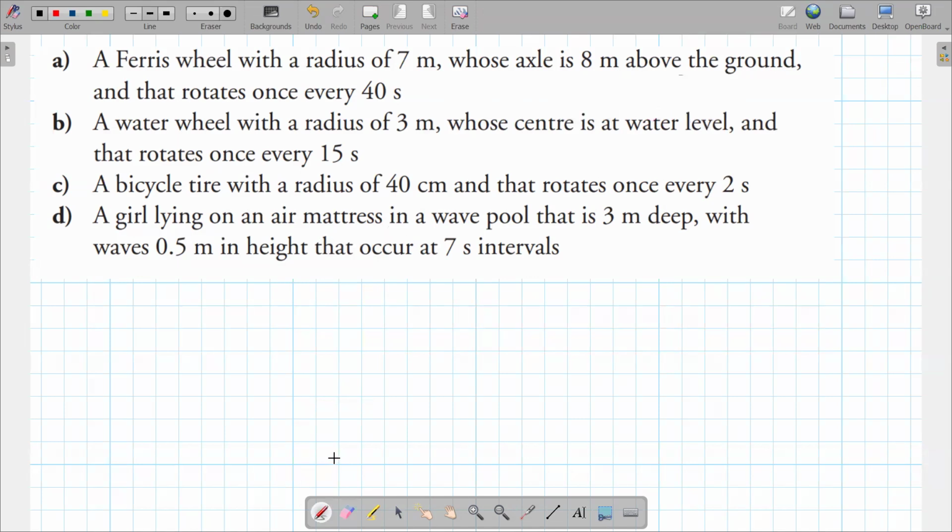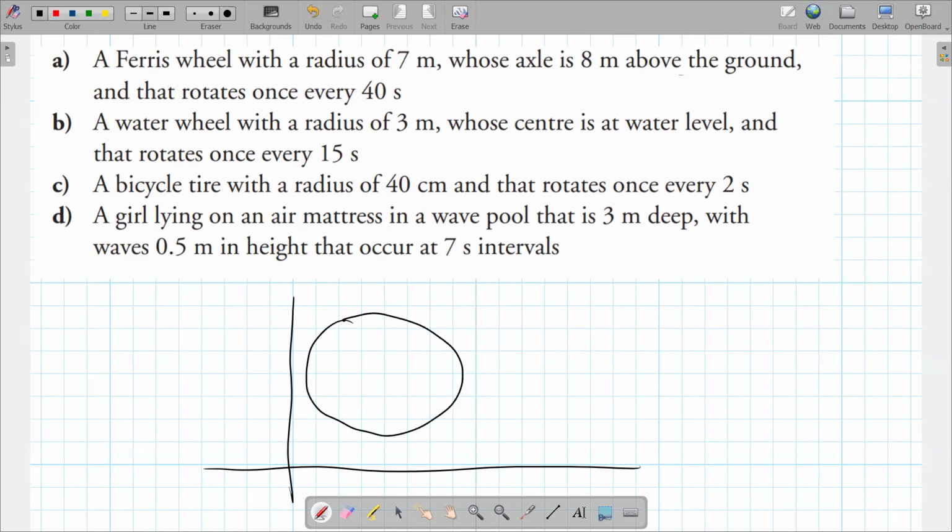Let's sketch it out. So there's a Ferris wheel. The axle is 8 meters above the ground, so this distance here is 8 meters. And the radius of this Ferris wheel is 7 meters, which means that this distance here is 3.5.